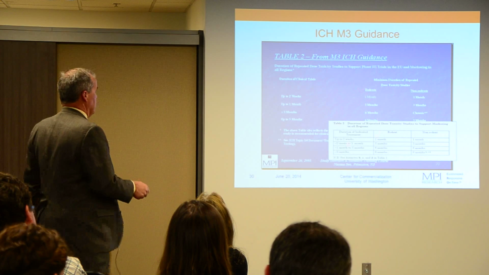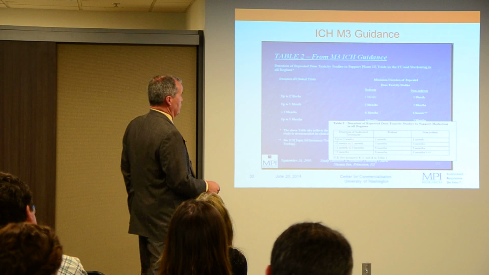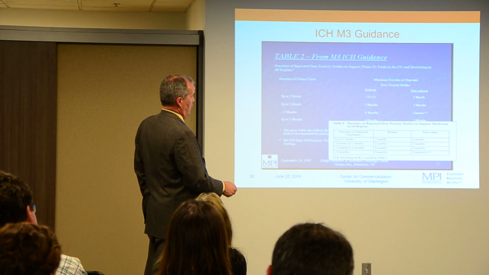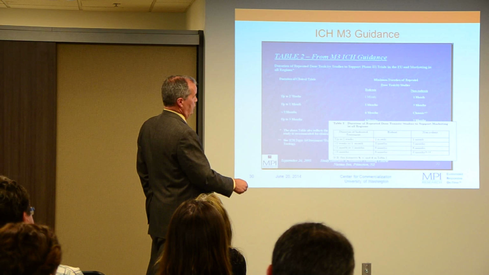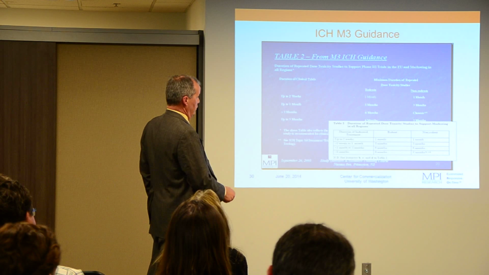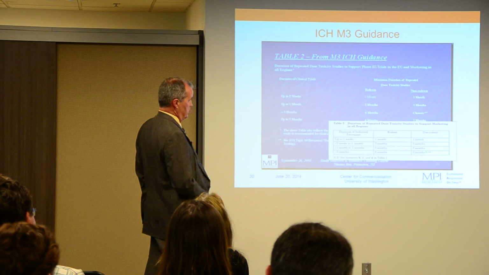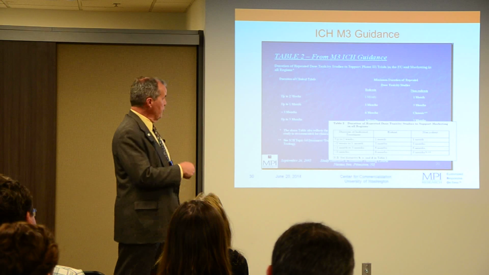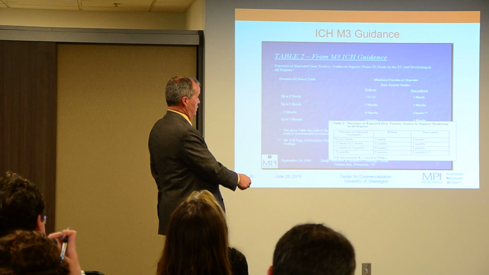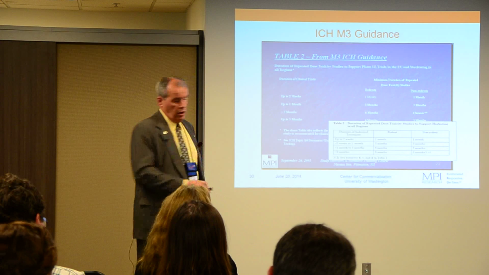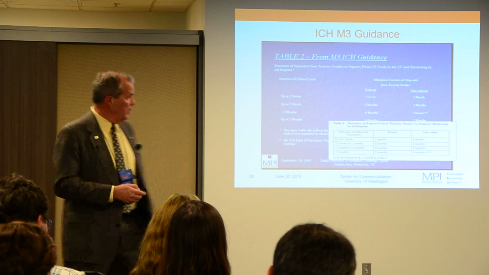Now they want up to 2 weeks of dosing for this, even if you're out to phase 3, they want you to do a 1 month rodent and 1 month non-rodent. And then it covers all the way up to 6 and 9 months again. So they've revised this. These are the old durations, and this is the new ones in the R2 revision that I've talked about.